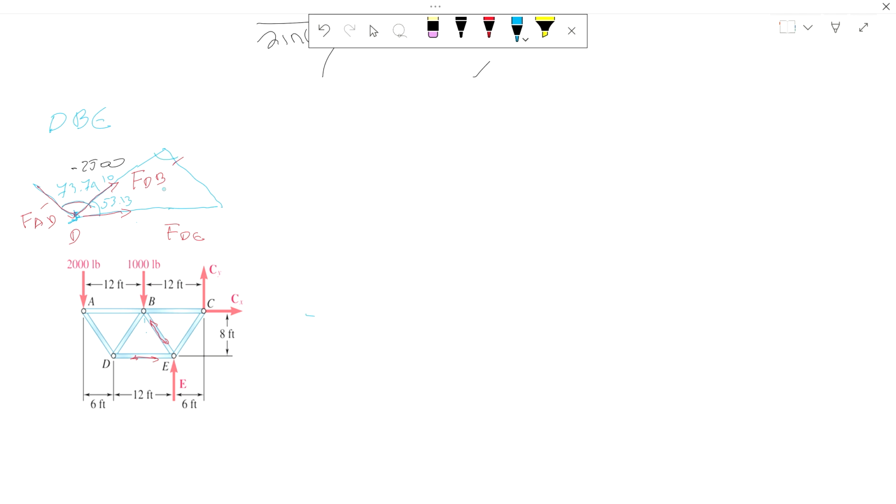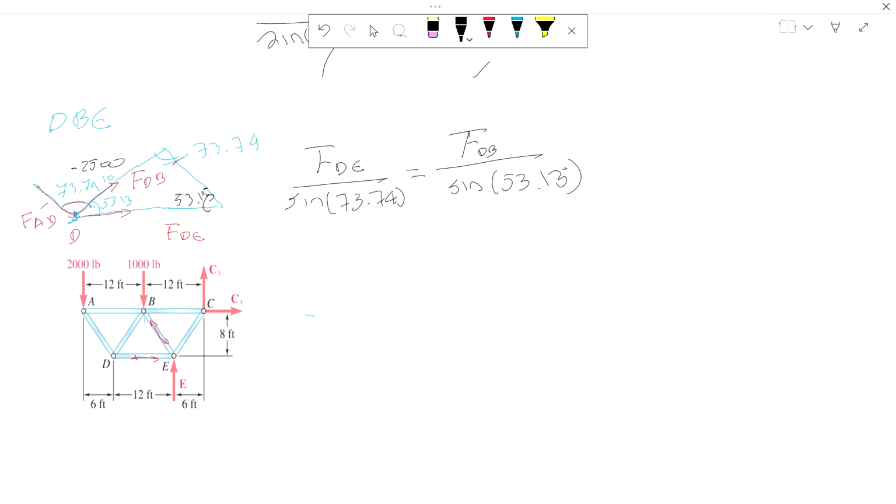Okay, so this is 73.74. The only one we're missing is this one. So F D to E over sine of 73.74 is equal to F D to B over sine of 53.13 degrees. Right, because it's D to B and this is 53.13 degrees.